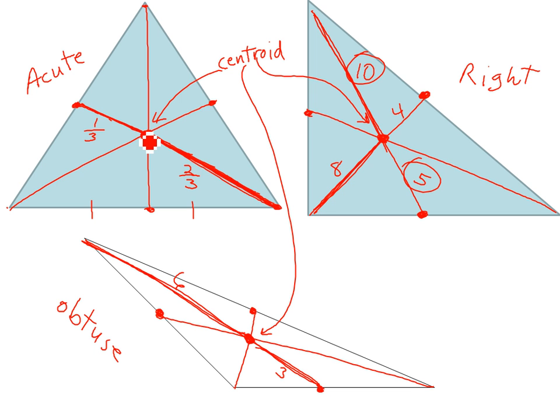And then something a little harder, if I told you that this part was x, from the centroid to the vertex, then it's got to be double that, which would be 2x. Or if I told you this part over here was 4x plus 6, this part has to be half that, which would be 2x plus 3.